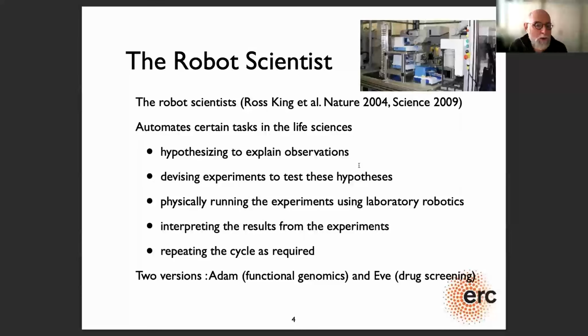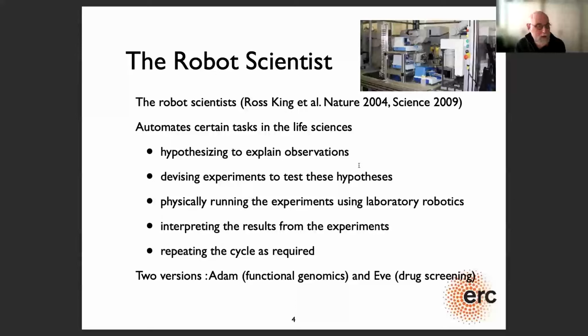And there is this project called The Robot Scientist by Ross King and colleagues that was making quite some impact about 20 years ago. And what they did is actually automate scientific reasoning and experimenting in certain branches of the life sciences. They actually had a theory, and they also had a robot that could carry out experiments.